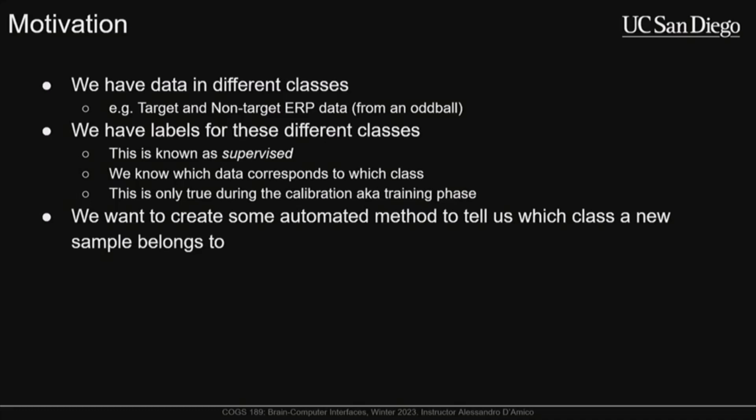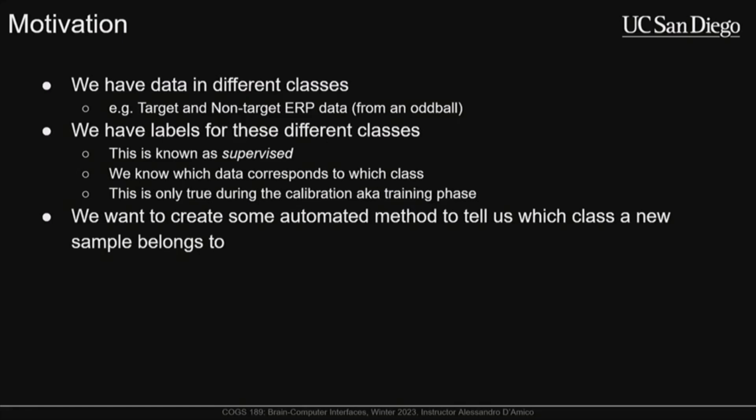And let's talk about a very real-world situation when we're making an oddball-based BCI, right? So we have data in two different classes. We have target and non-target, and we have labels for those classes. So the labels in this case means we know which class a certain event belonged to.